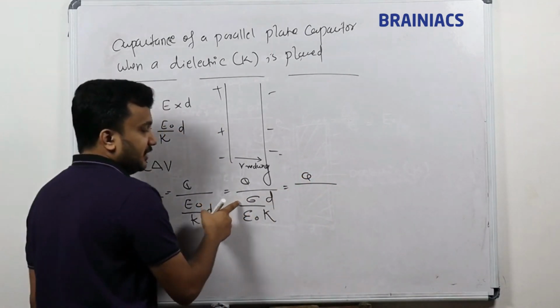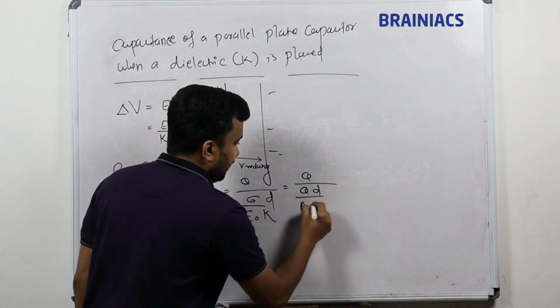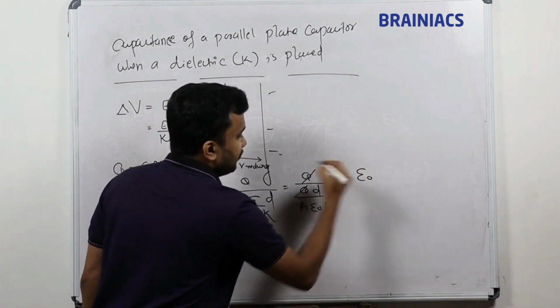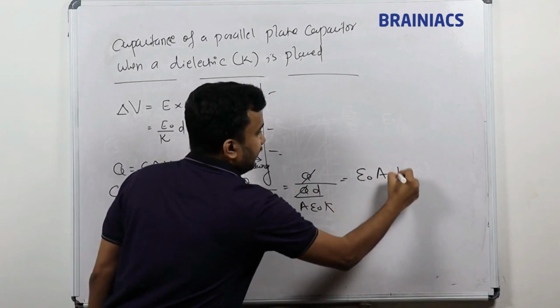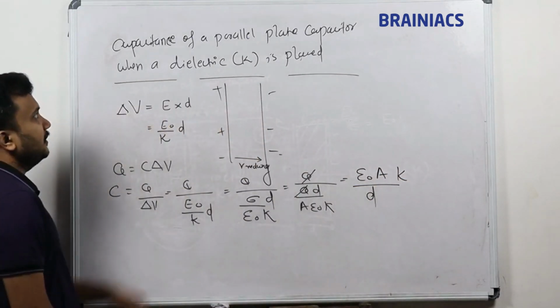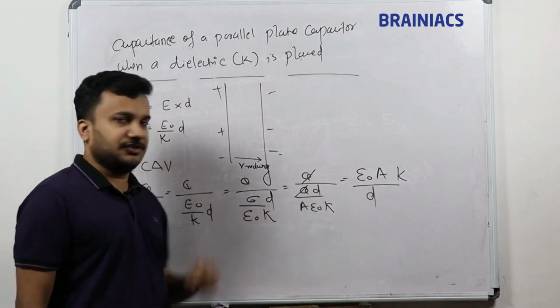Surface charge density, charge by area. So Q by A epsilon 0 K, into D. Q and Q cancel. Epsilon A K divided by D. This is the capacitance of a parallel plate capacitor when a dielectric K is placed.